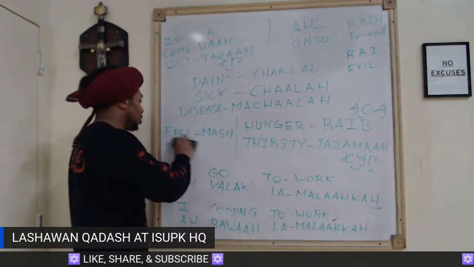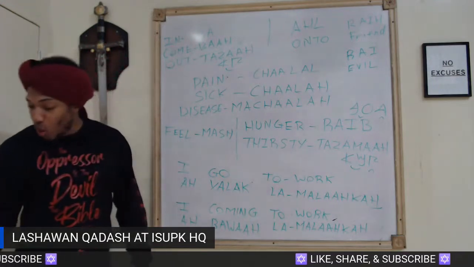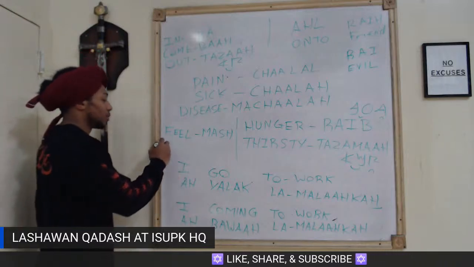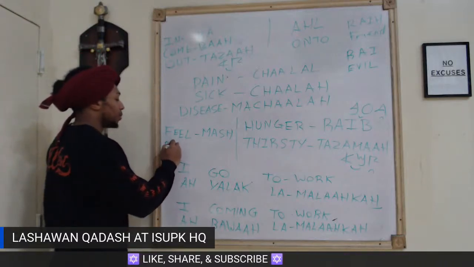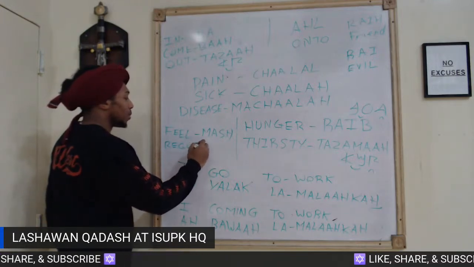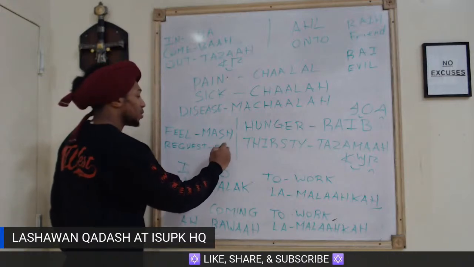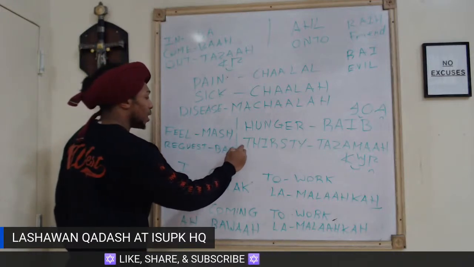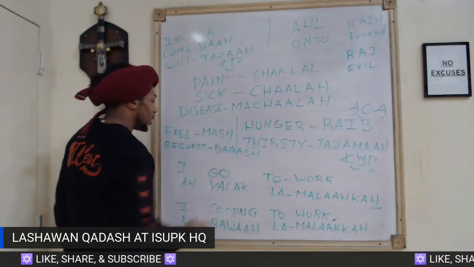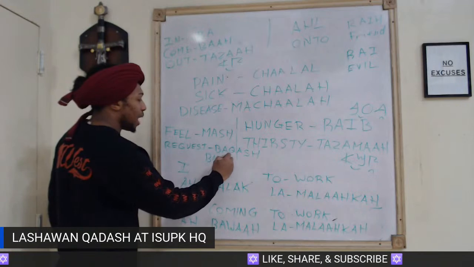I couldn't find the word for search. As a matter of fact, we're gonna put the word for request. Request is bakwash. Right? Bakwash. This is where the word bakwasha comes from.